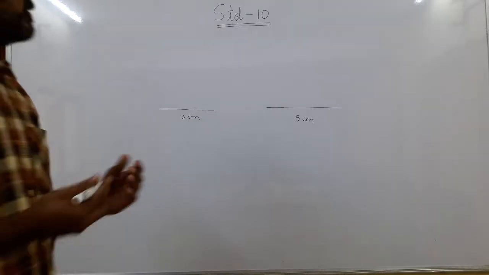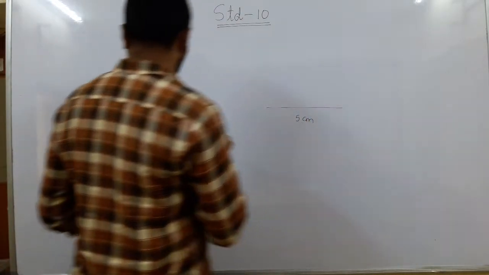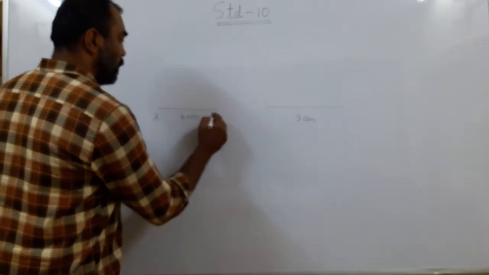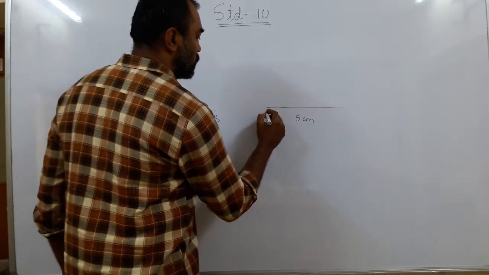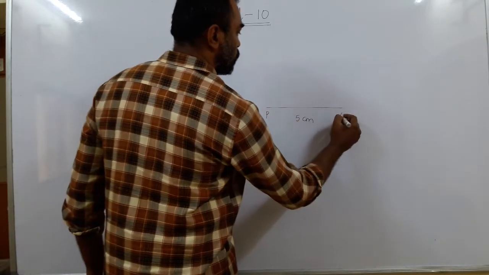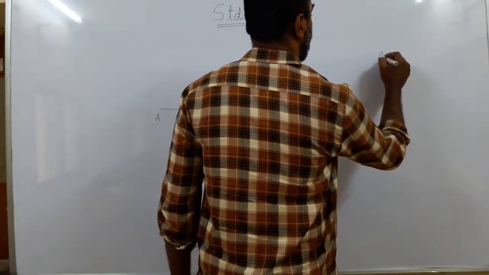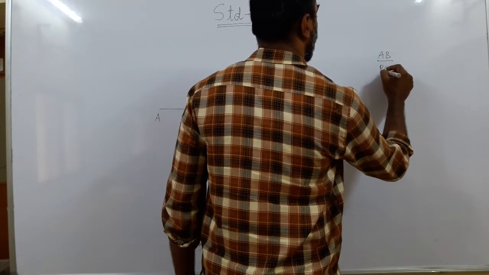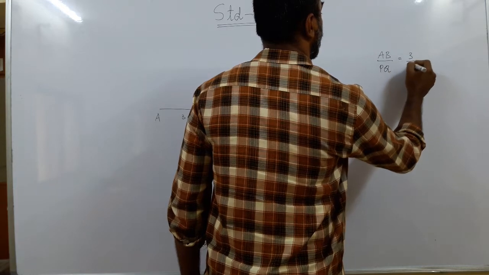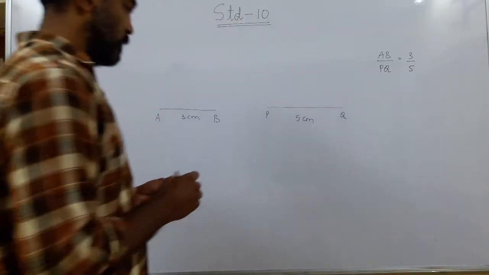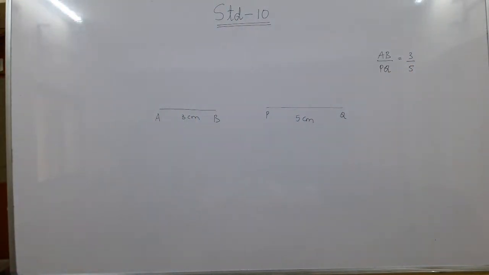So what is the ratio of these two sides? Let me call this AB and let me call this PQ. So what is the ratio of the two sides? AB upon PQ is 3 upon 5. Yes, we are doing an activity, so follow the steps properly.